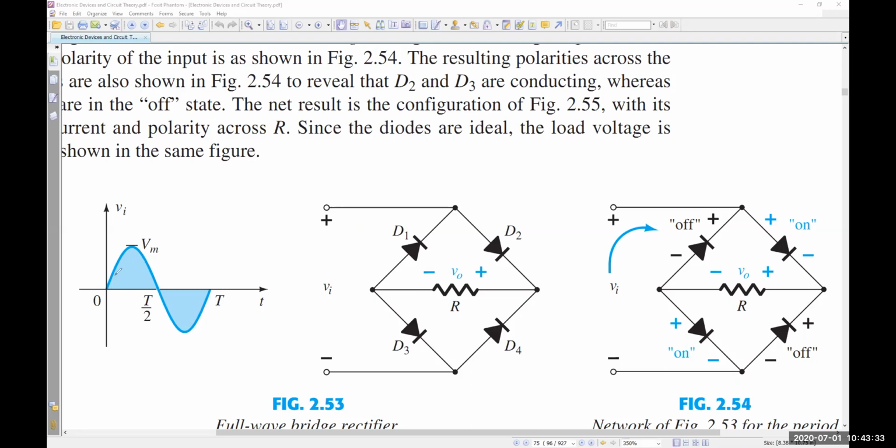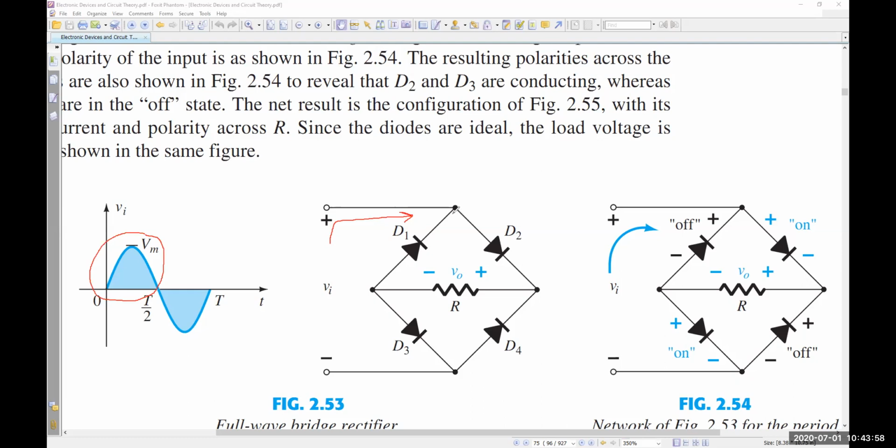So for the first half cycle, the current will go in this way. Agree everyone? Now when the current goes in this way, at this point it will be confused in which way it should go, right? But see, it has 2 paths.